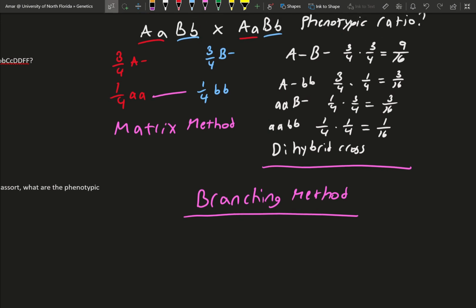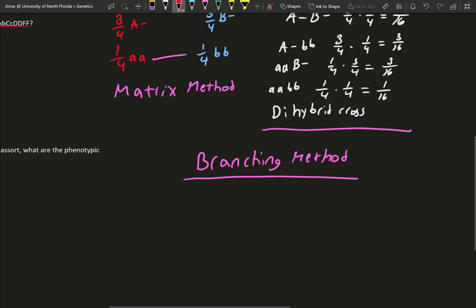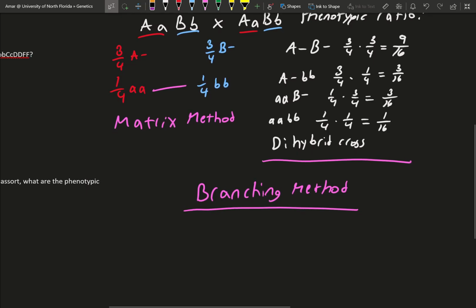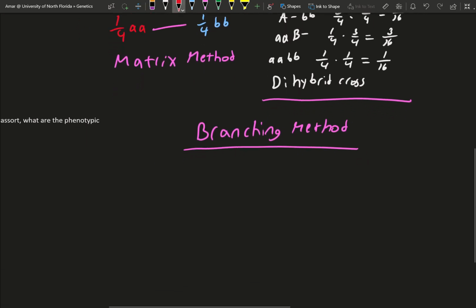You're going to do the exact same thing you did before. You're going to segregate the genes independently away from one another and cross them together. So big A little a with big A little a, you would have a 3/4 chance to get big A whatever, and then a 1/4 chance to get little a little a.